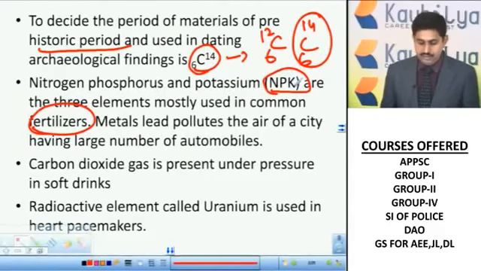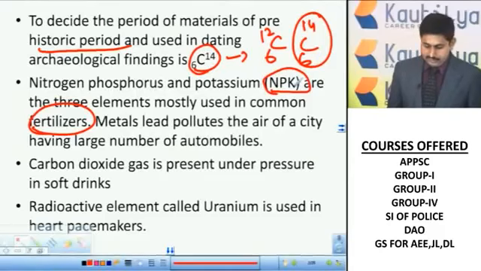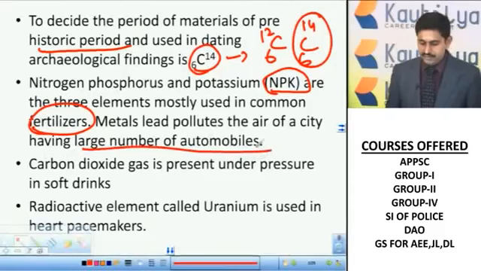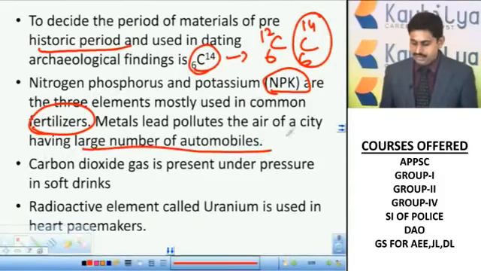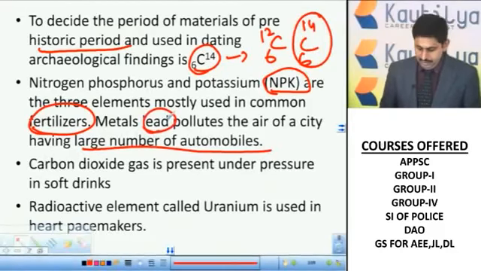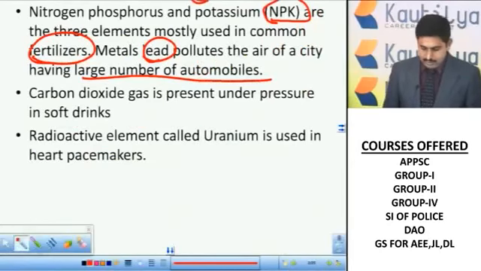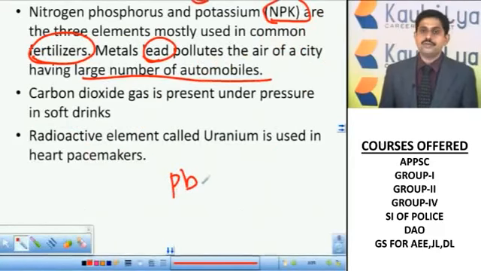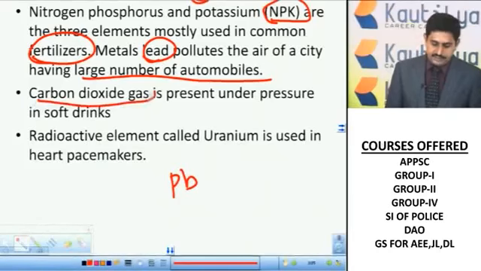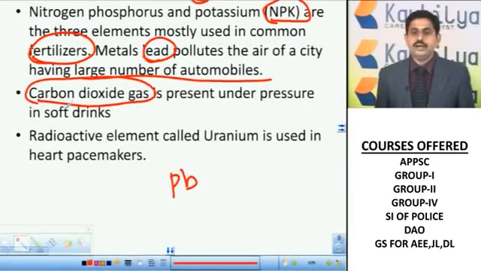Metals: lead is a metal released by a large number of automobiles in cities. It is a metal pollutant. Next one, carbon dioxide, the gas present in soft drinks.